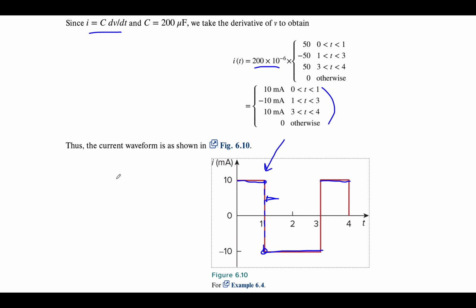We'll talk about that a little bit more in Circuits 2 as well, and also in the chapter on RL and RC circuits. We'll talk about this concept of going right up to the point but not including the point. Anyway, that's the result, and it is presented both mathematically and graphically.